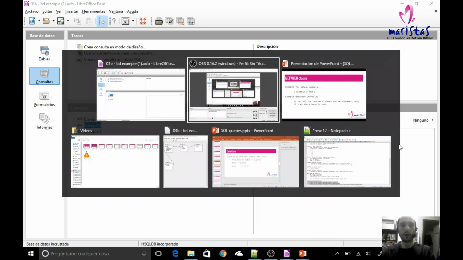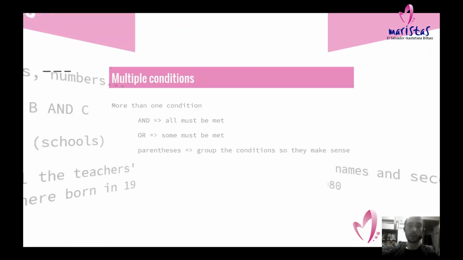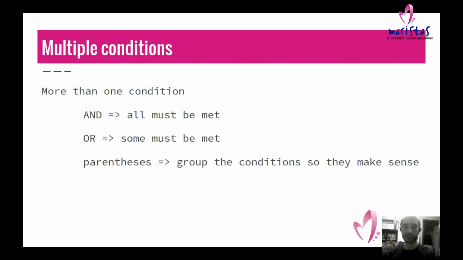And what if I want to use more than one condition? In that case, I can write AND or OR between the conditions. AND means that all the conditions must be met, OR means that just some conditions must be met, and I can use parentheses in order to group the conditions so they make sense.